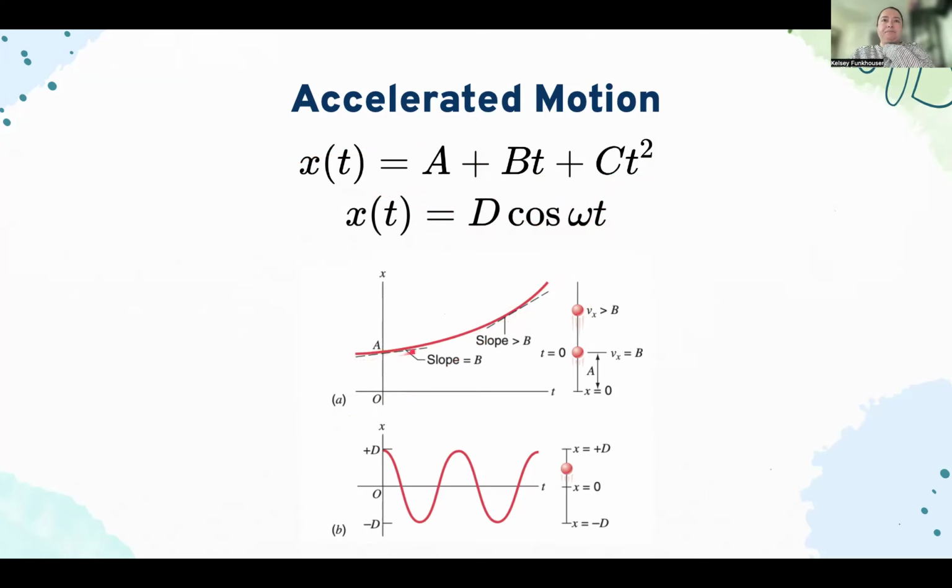Initially, the slope of the line, which is tangent to the curve, is equal to B, but then over time the slope gets bigger than B. The velocity starts out as v and then gets bigger than v.